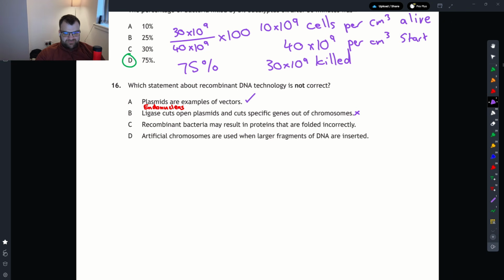Using the bacteria may result in proteins that are not going to work. They have been folded incorrectly. That is a true statement. Artificial chromosomes are larger than the plasmid, so you can put more DNA into it. Ligase's job is to stick the desired gene into the plasmid to make the modified plasmid to then go on and be used and be grown and be made copies of.